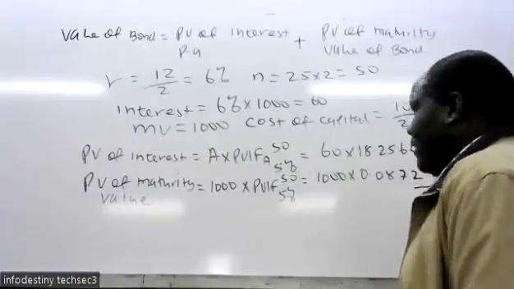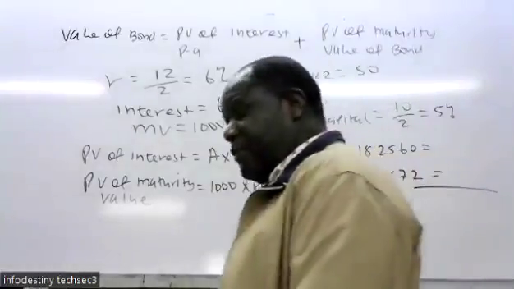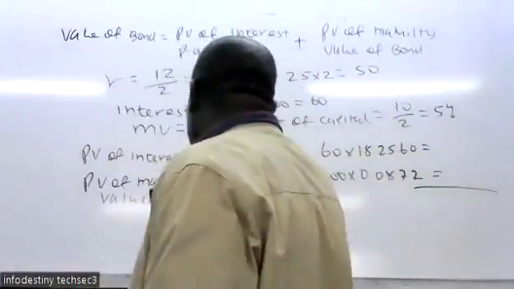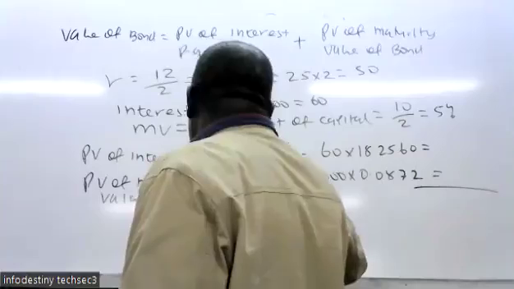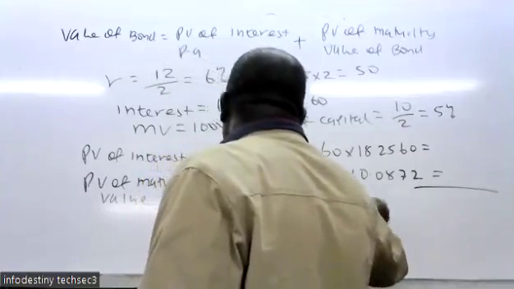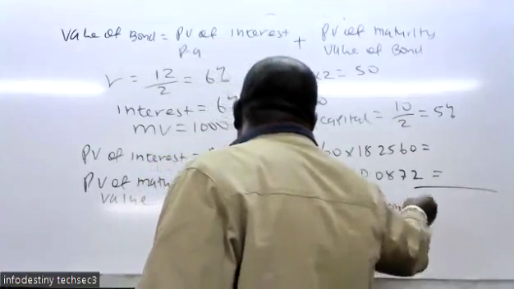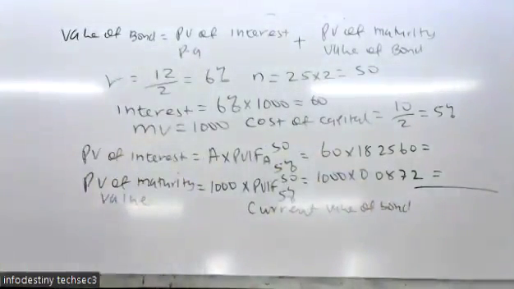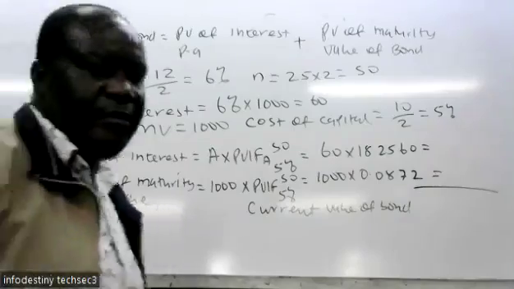Yeah, so now you have your answer. This is now the current value of the bond as indicated up there. So that now should be the current value of the bond.